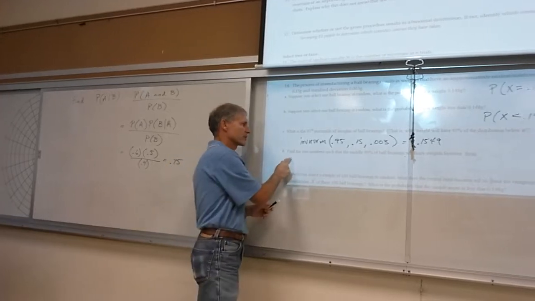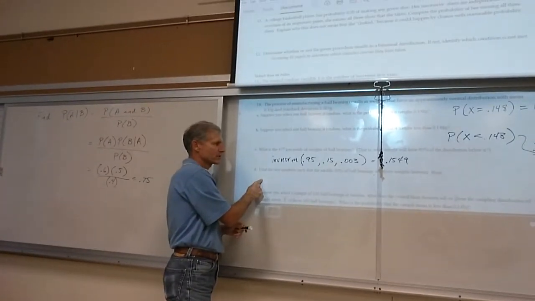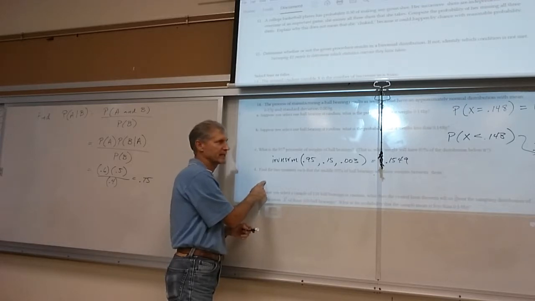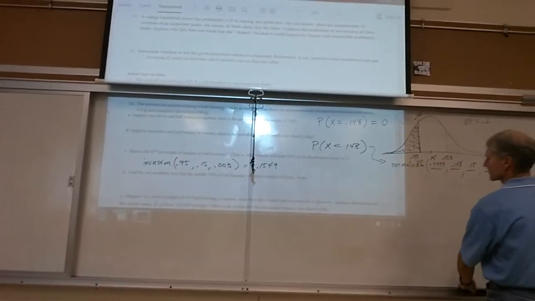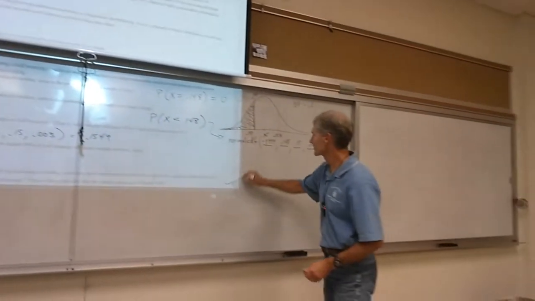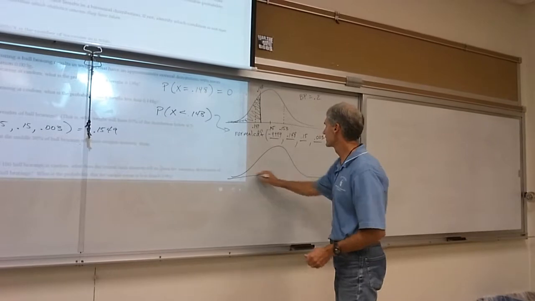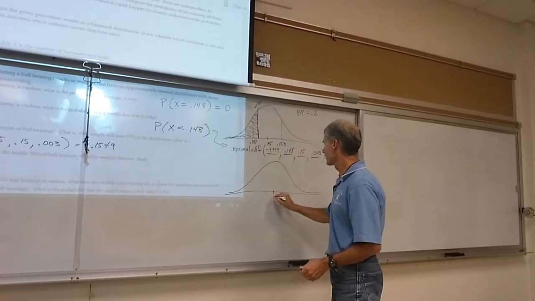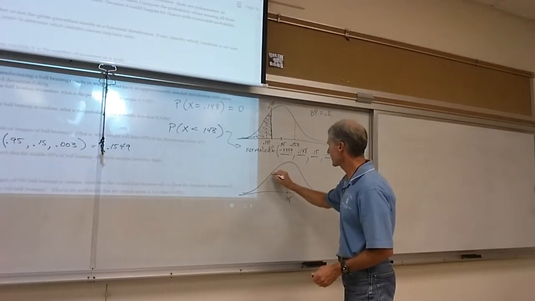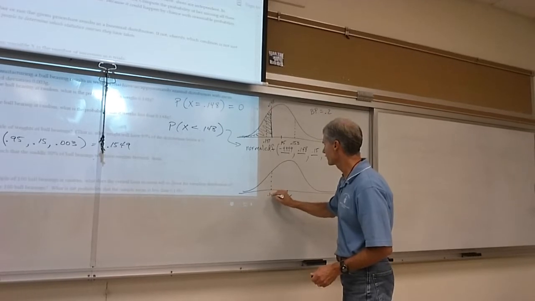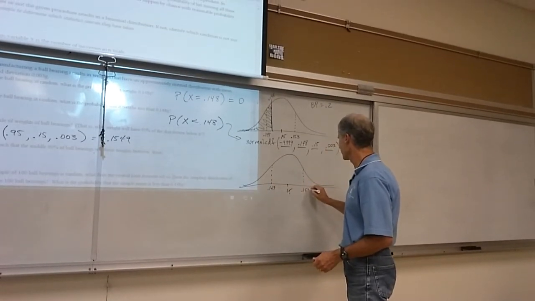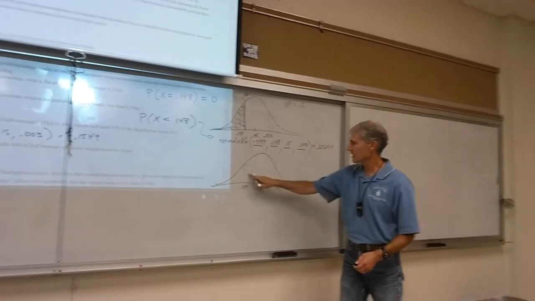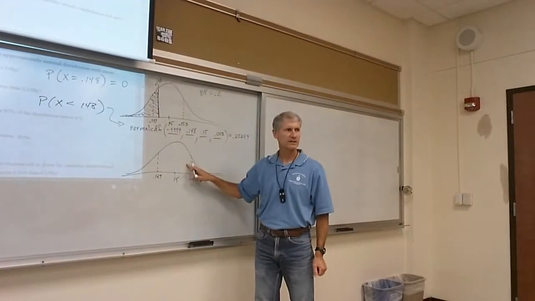Okay, now the next one is more difficult. Find 2 numbers such that the middle 90% would have weights between them. So I'm going to draw a new picture. 0.15, halfway down the hill is 0.147 and 0.153. In between there is what percent? 68%.